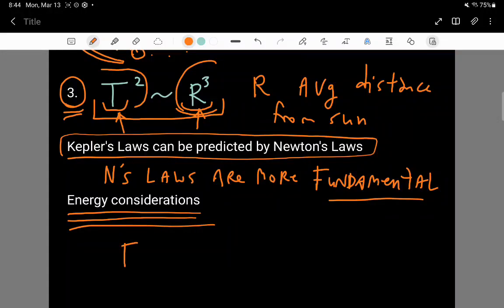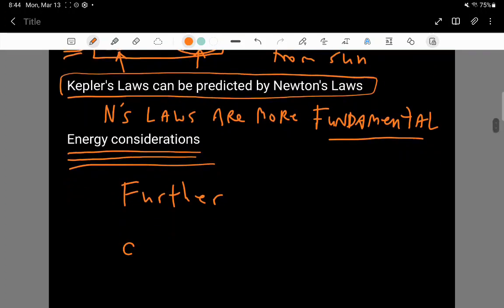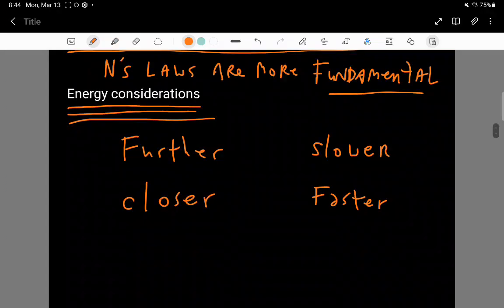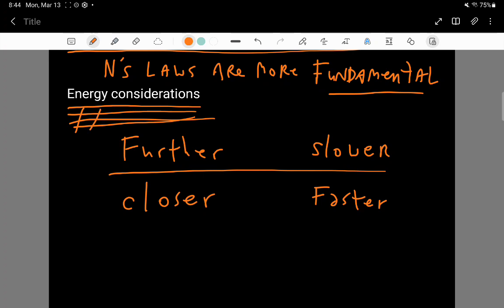We're talking about further and closer to the sun. So the Earth can be further from the sun or closer to the sun. But when the Earth is further away, it's moving slower. And when the Earth is closer, it's moving faster, right? So this is an energy statement, actually. It's got to do with energy.